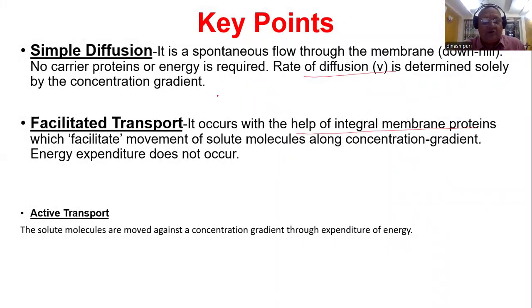So a number of water-soluble metabolites and other excretory products, which cannot pass by simple diffusion, their movement is made possible by facilitated diffusion. But common to them, no metabolic energy is expended. Active transport we will do later on, where there is expenditure of energy and movement against a concentration gradient. We will see that in the next class. Thank you so much.